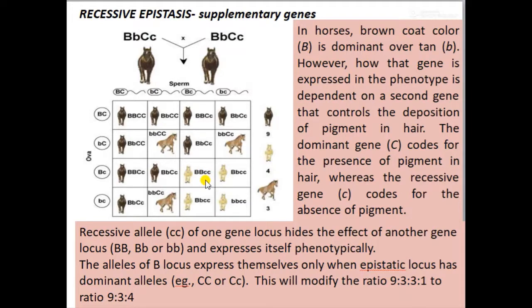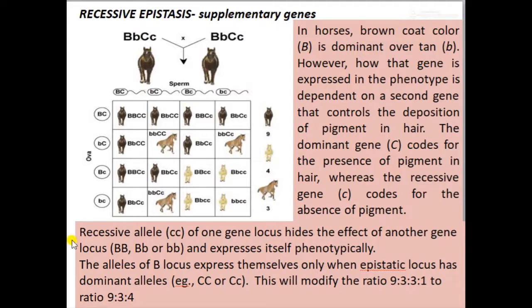So, the recessive allele cc of one gene locus is hiding the effect of the other gene, here capital letter BB or small letter bb, and itself it will express phenotypically. And we can see that the B allele locus is expressing itself only when the epistatic locus has a dominant allele.